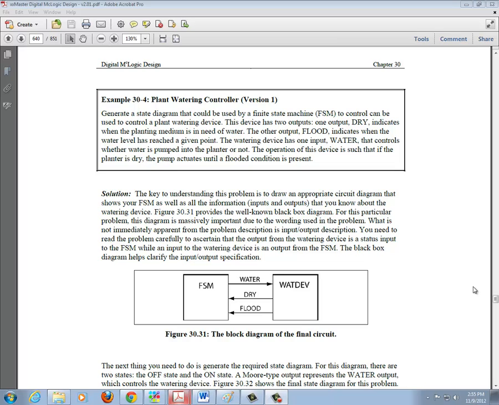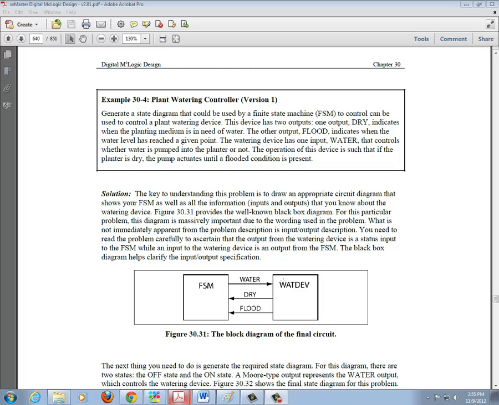Step 2 is draw a black box diagram that shows how your controller is going to interface with your device. Sometimes you just have to draw the black box of the controller itself. Anyway, here you can see on this page we have our finite state machine, which has one output, water, which is going to control the valve of turning on water to water our plant.